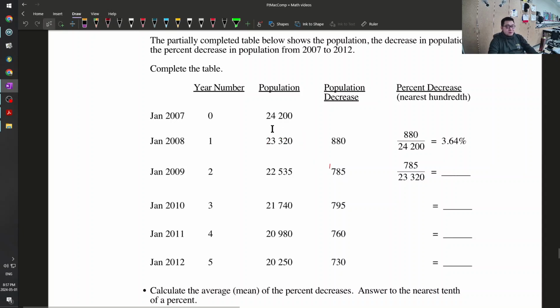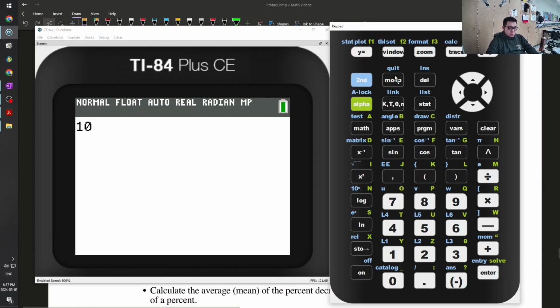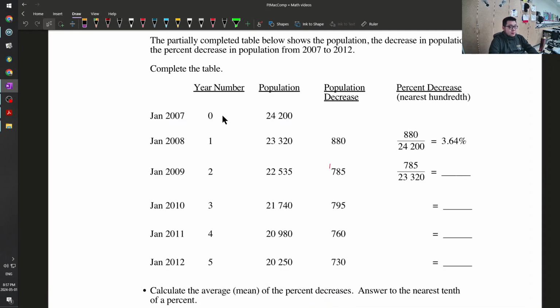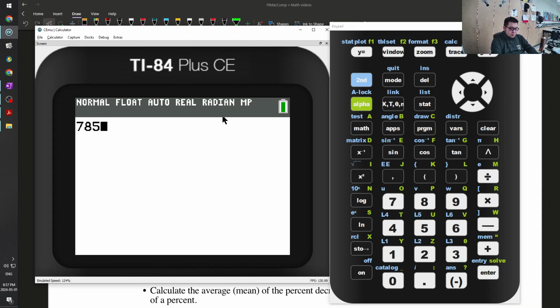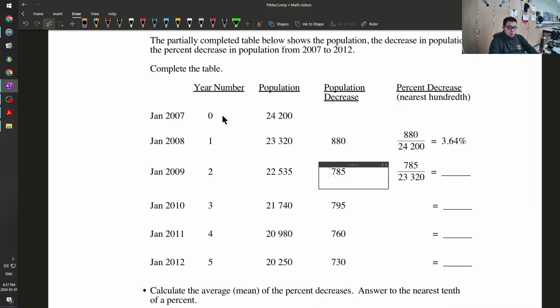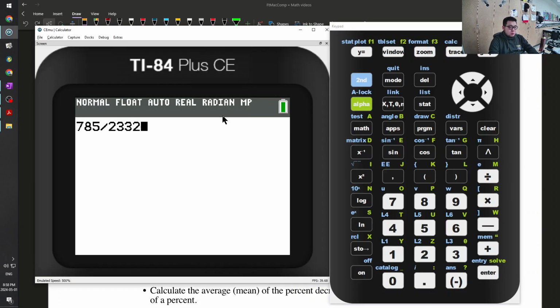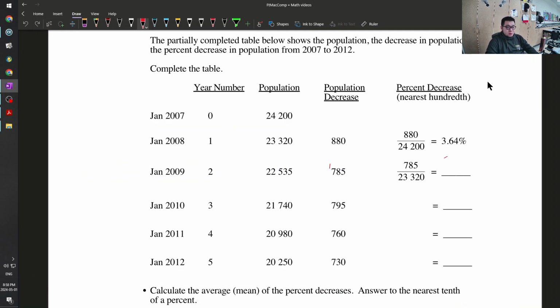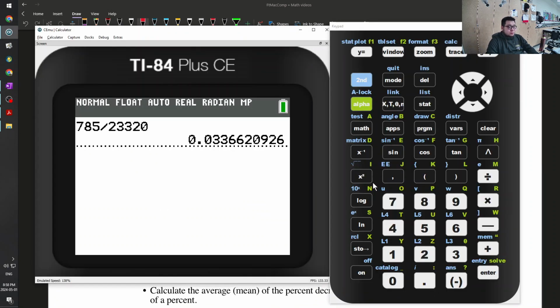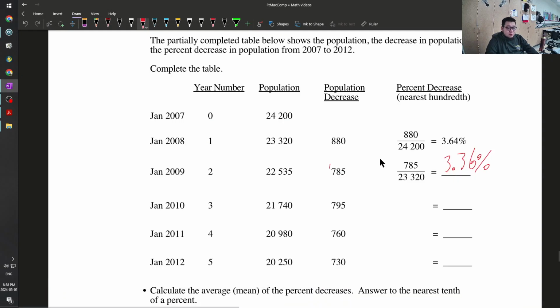Okay, 785 divided by 23320. 3.36%, 3.37%.